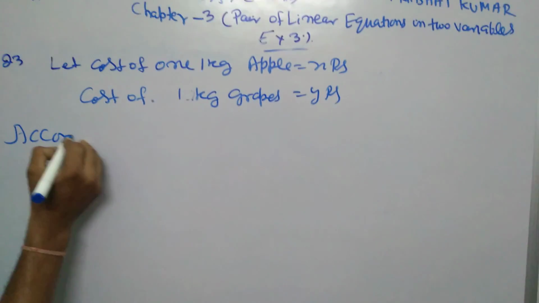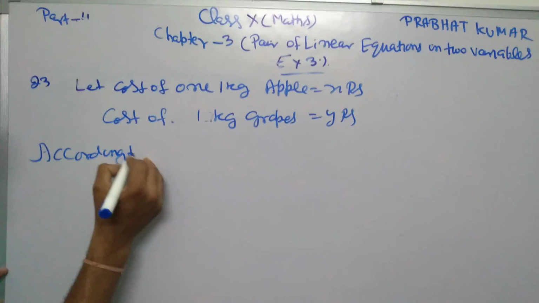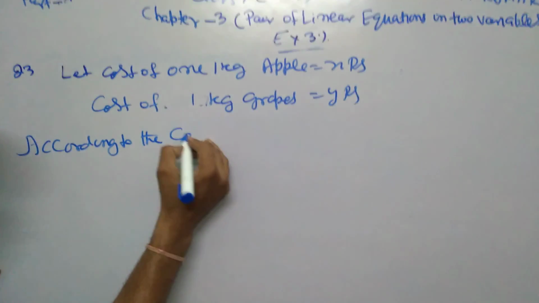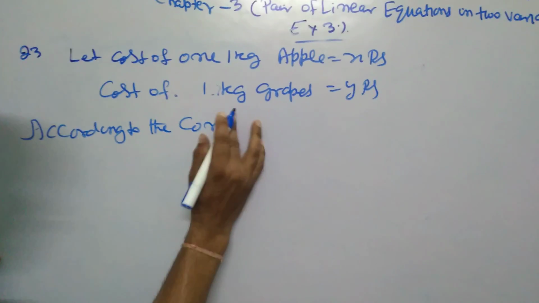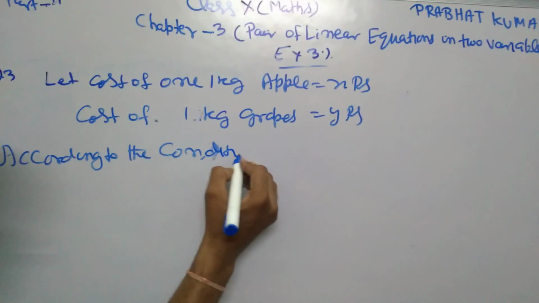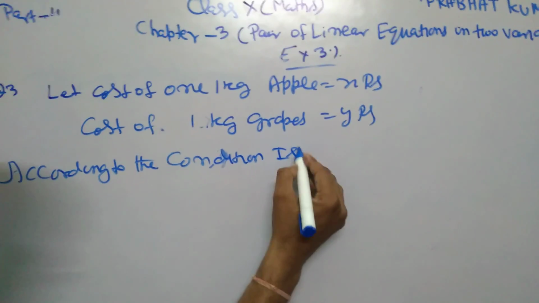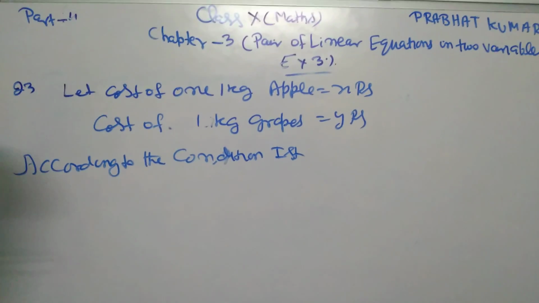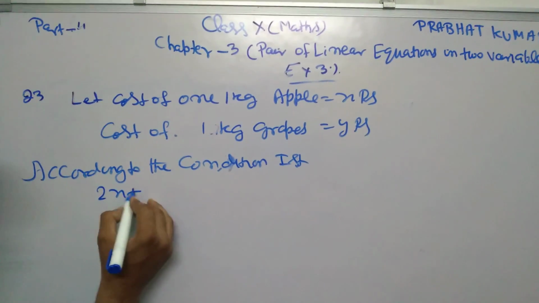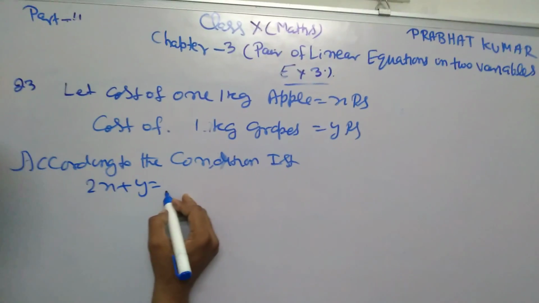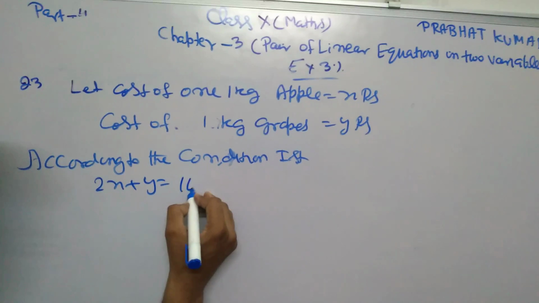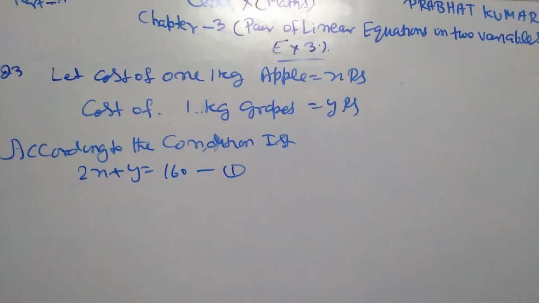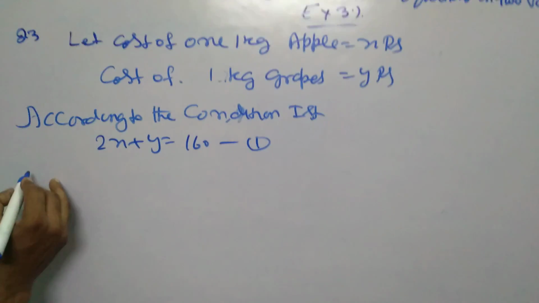According to the condition first, 2x plus y is equal to 160. This is the algebraic representation.